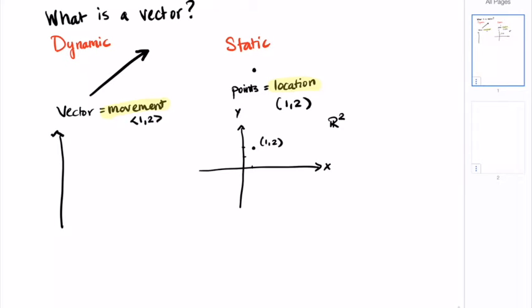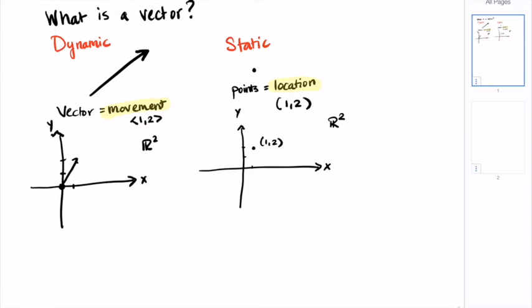So if I do angle bracket 1, 2, then I'm talking about a movement in R2 that says I do one movement over in the x direction and 2 movements up in the y direction. So if I start at the origin, then where I'm moving to is in fact the location that we discussed here.